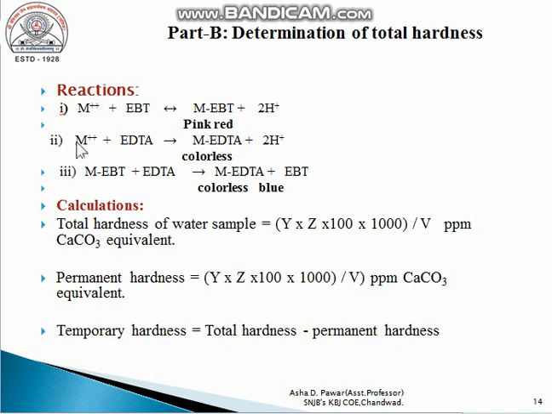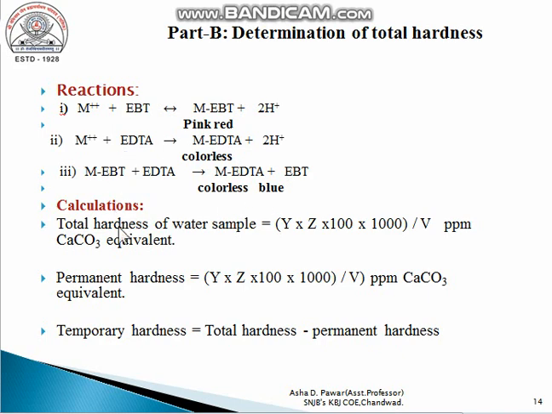Then the heavy metal ion reacts with EDTA, forming a stable colorless metal EDTA complex. Or the other possibility is that metal EBT is unstable, so if we add the EDTA from the burette, then metal EBT decomposes and a stable metal EDTA complex is formed.